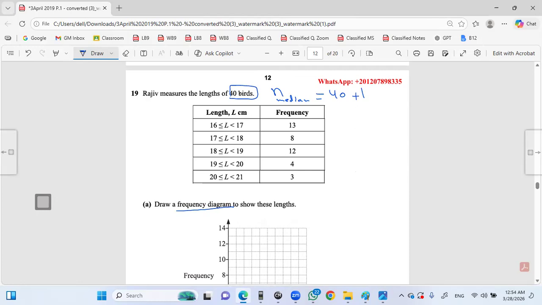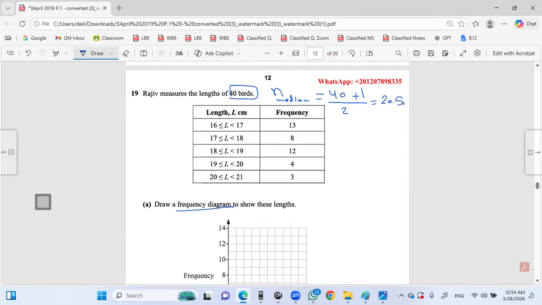To find it, you add the total frequency, which is 40, plus 1, divided by 2, which is going to give you 41 divided by 2, which is 20.5. So the median is between the 20th and the 21st. Start adding the frequency numbers.